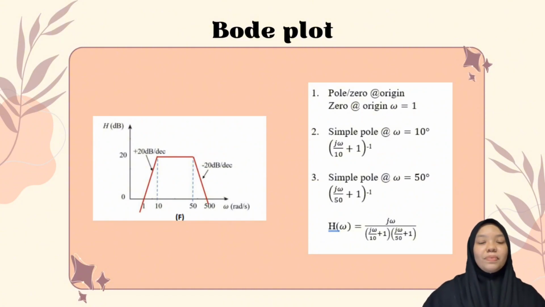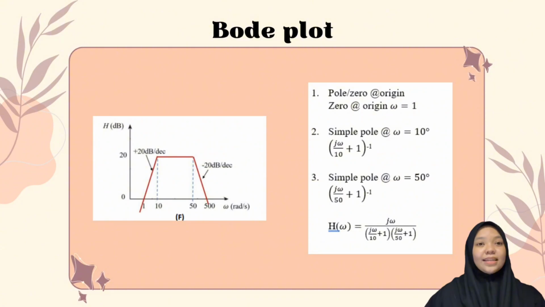Mathematically, this is represented as j omega. So next, we see the plot flatten out after the initial rise. This behavior indicates a pole at omega 10. So the transfer function now becomes j omega over (j omega over 10 plus 1) to the power of negative 1.